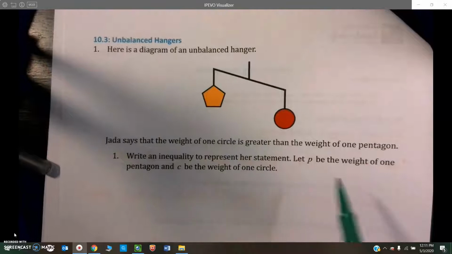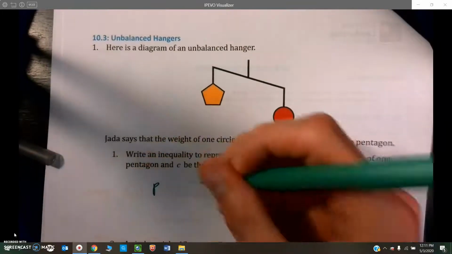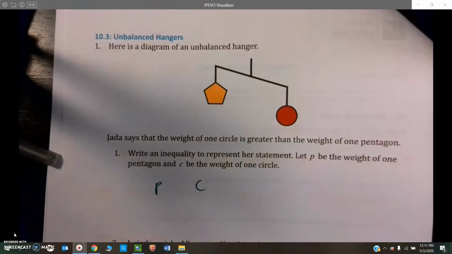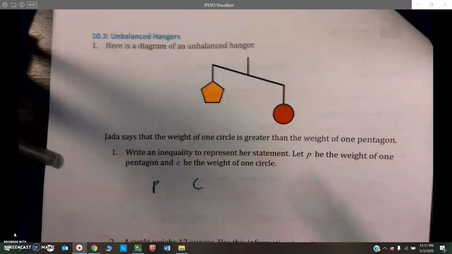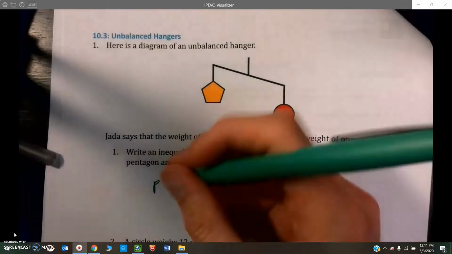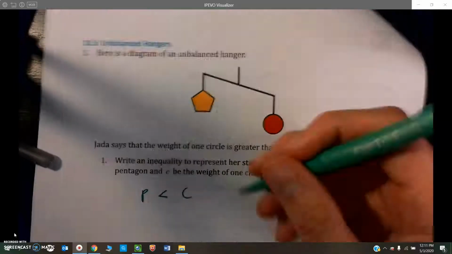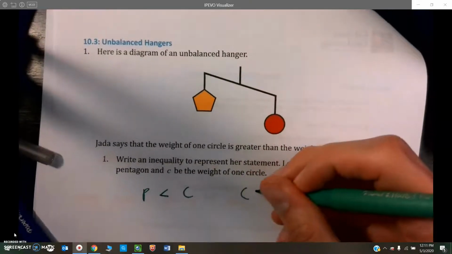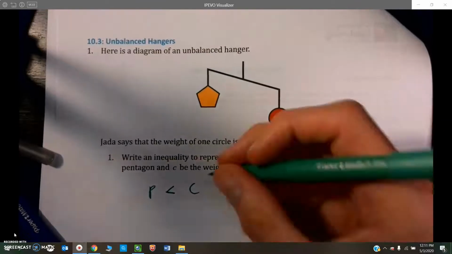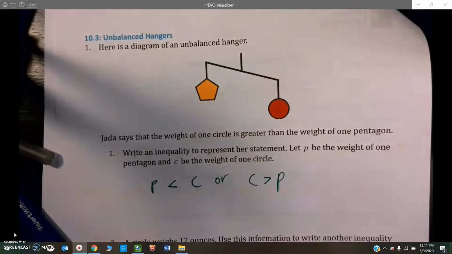So, P is the pentagon, C is the circle, and which one is greater, which one is heavier? The circle is heavier. So my mouth should be facing the circle because this is saying P, pentagon, is less than C. Okay, and we could also write that as C is greater than P. They mean the exact same thing.